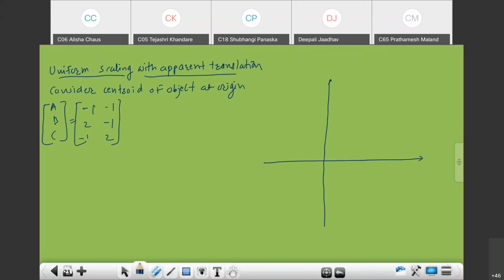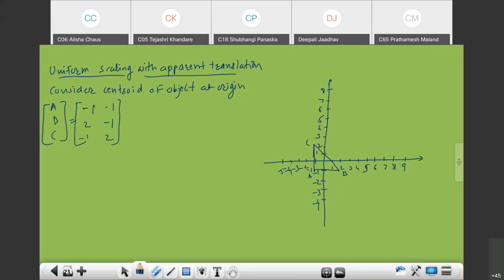This is -1, -1, so here this is A. Then 2, -1, here it is B. A to B. Then -1, 2, here it is C. So in this way the centroid of this object is at the origin.